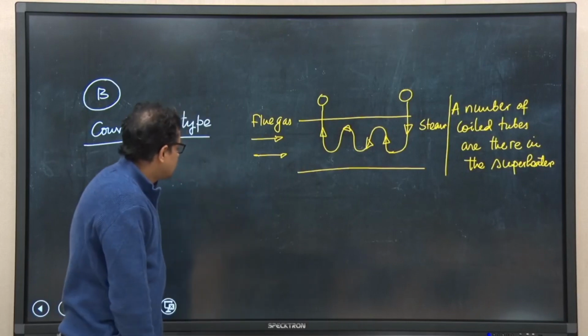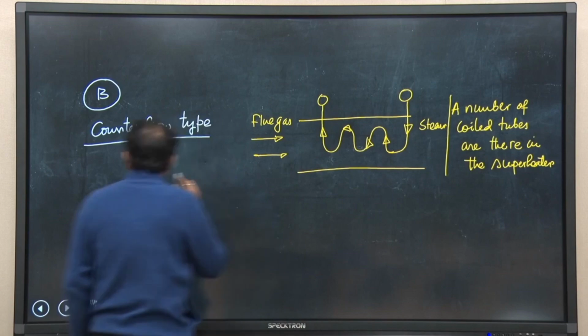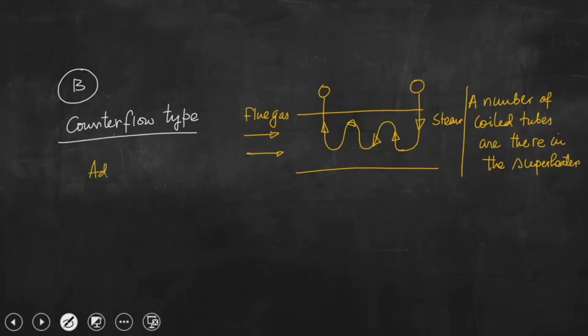and that is why the name counter flow is there. What is the advantage? So, the advantage of this particular type of superheater is that, you can understand this superheater is hanging from the roof of the boiler.